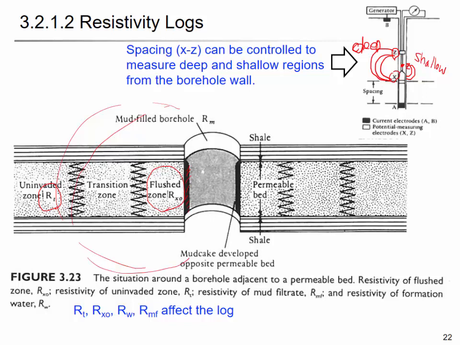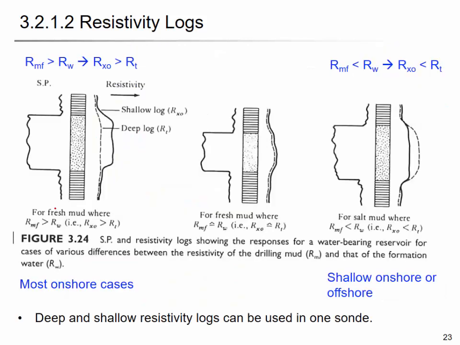And people use the shallow and deep logging together to see the difference, because it gives richer information. In the shallow measurement, it will be more affected by the mud resistivity, right? Because the water will filtrate into the near field of the borehole, and the deep measurement will reflect the in situ formation.